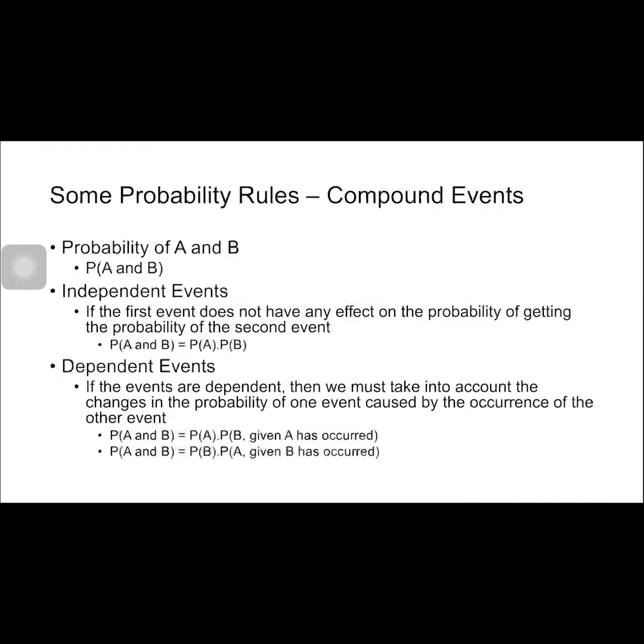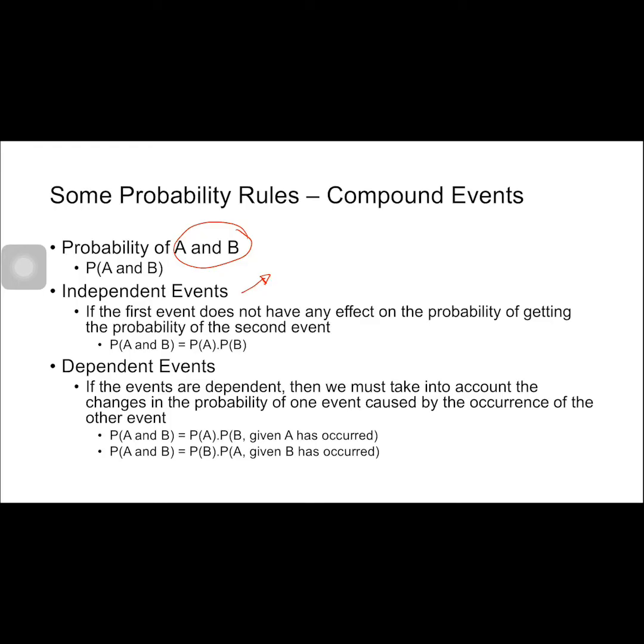So, for compound events, we have here some probability rules. For P of A and B, it means that A and B can occur at the same time. For independent events, if the first event does not have any effect on the probability of the second event, then that is said to be independent.